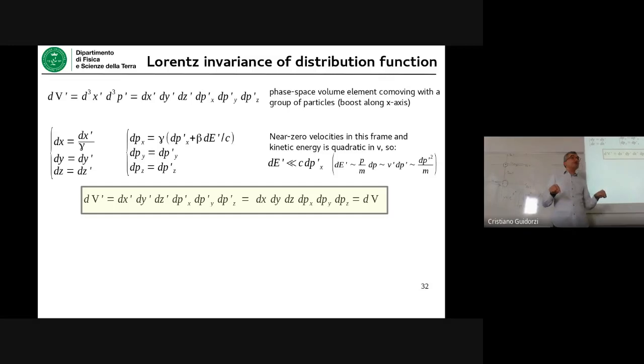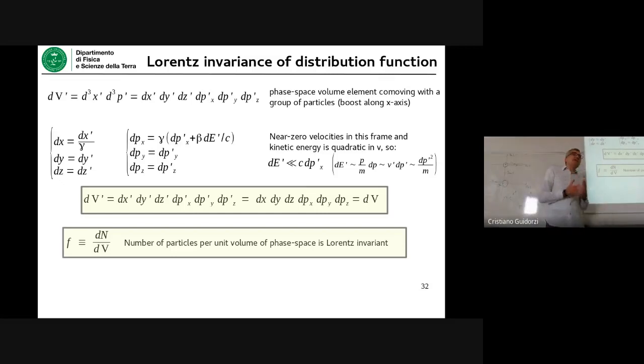To Lorentz transformation. So we found, finally, that this elementary volume in the phase space doesn't change whether you calculate it in the co-moving frame or in the fixed frame. This means that it doesn't change for any inertial system. So it's a Lorentz invariant.